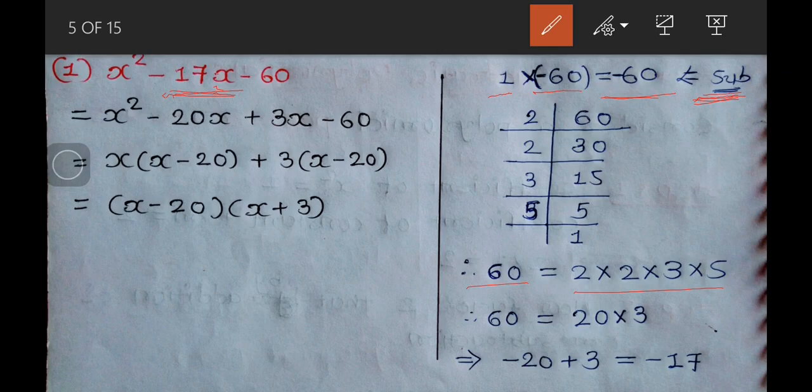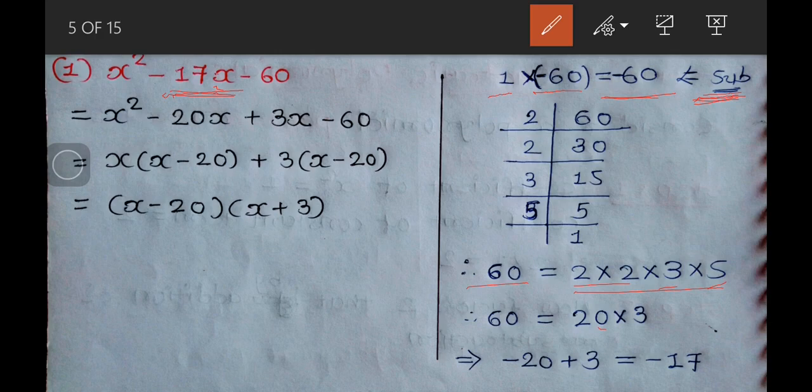So if you multiply 2 2s are 4, and 4 5s are 20, and the remaining 3, so 20 times 3 is 60, and you can see that subtracting 3 from 20, we get 17.